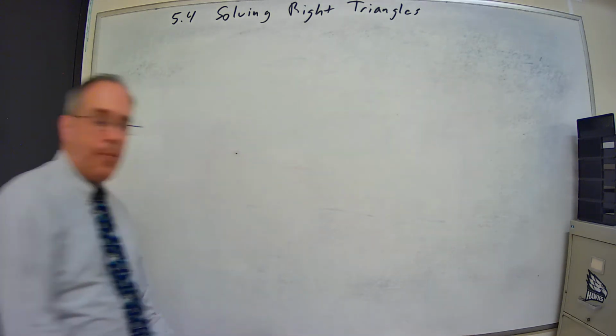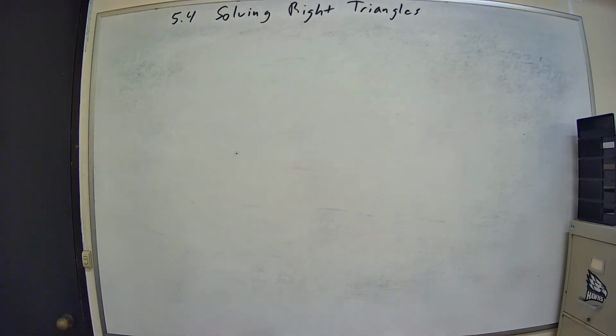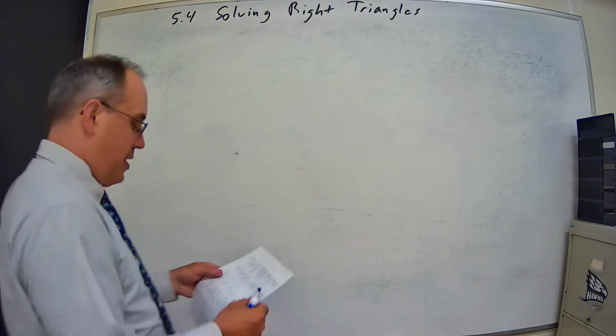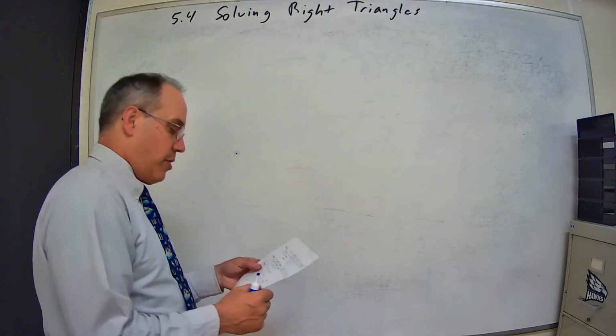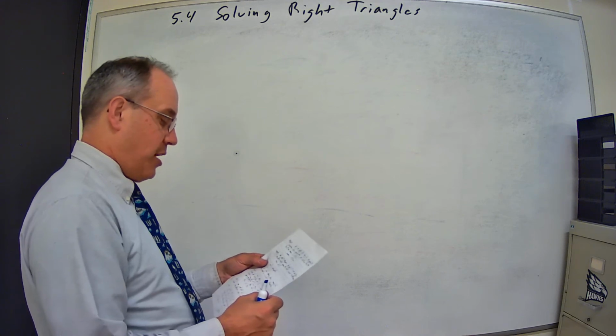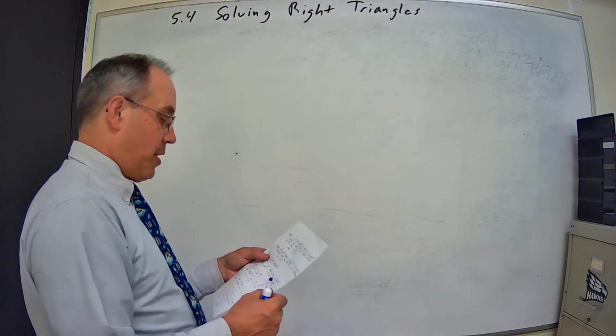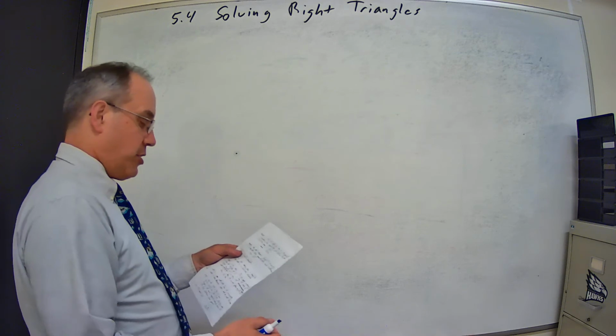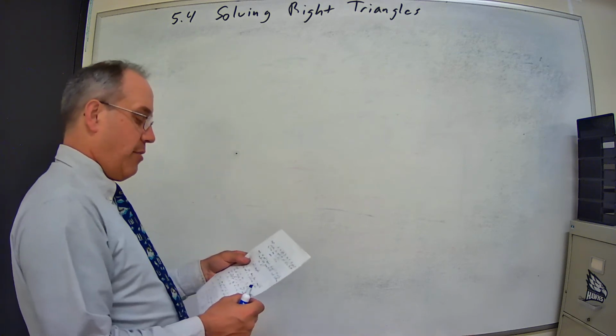Let's look at another application. The angle of depression from the top of a 97-foot building to the base of the building across the street, located 42 feet away.